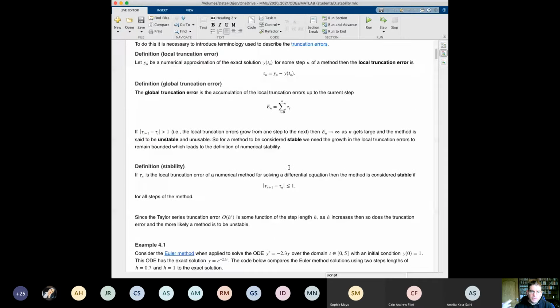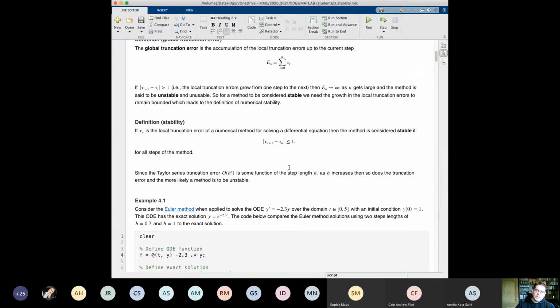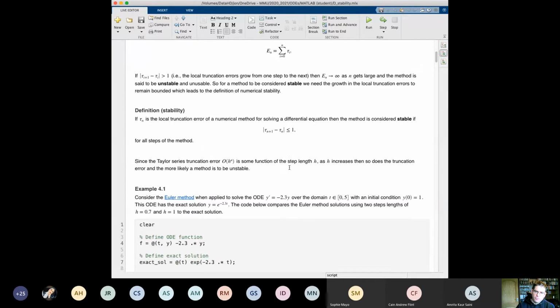Now, stability is all about controlling these errors. If these errors are allowed to grow over each step, then eventually, after you've done enough steps, your solution is going to go to either plus infinity or minus infinity, because the errors will just accumulate. So we need those local truncation errors to always be bounded and not growing from one step to the next.